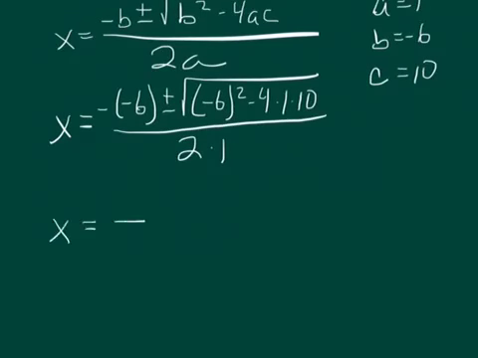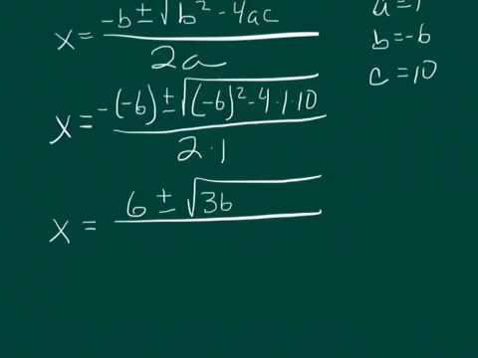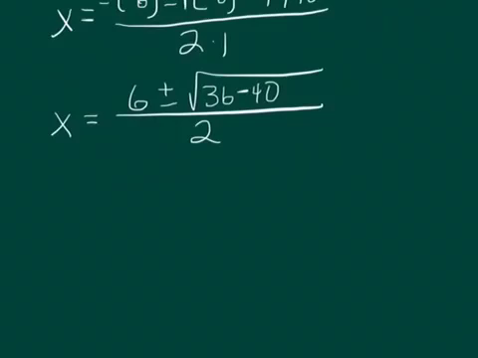X equals 6 plus or minus the square root of 36 minus 40 over 2. X equals 6 plus or minus root negative 4 all over 2.